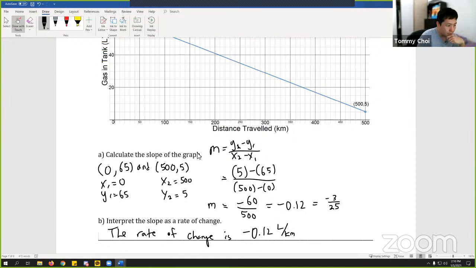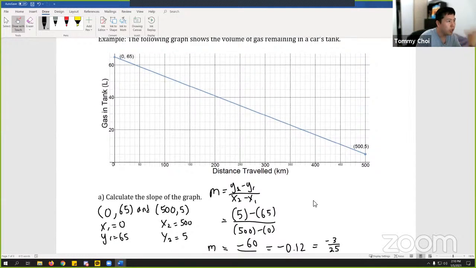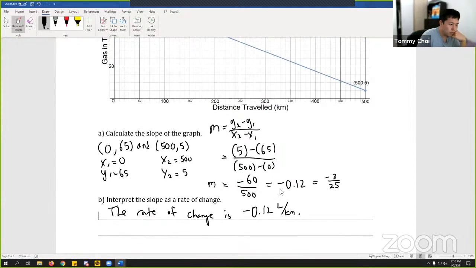Once we have that down, we're not just done yet. This is how much, so we're talking about gas remaining. This is how much gas the car uses for 1 kilometer.